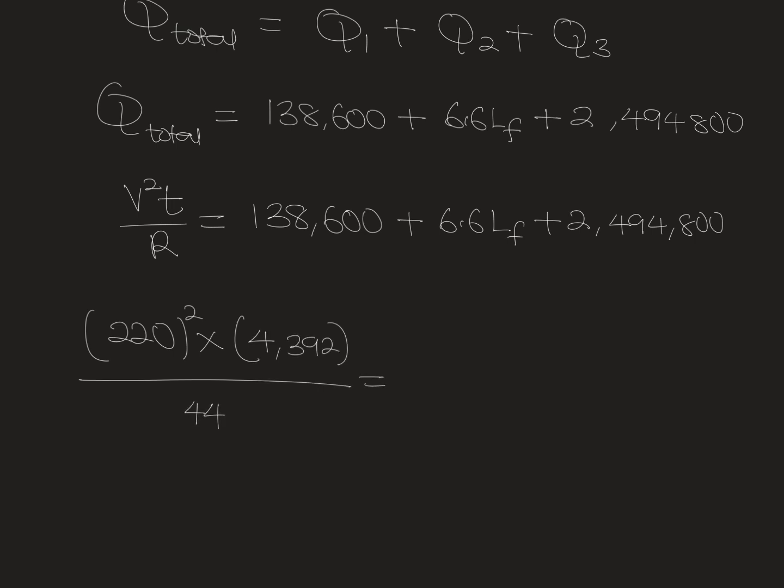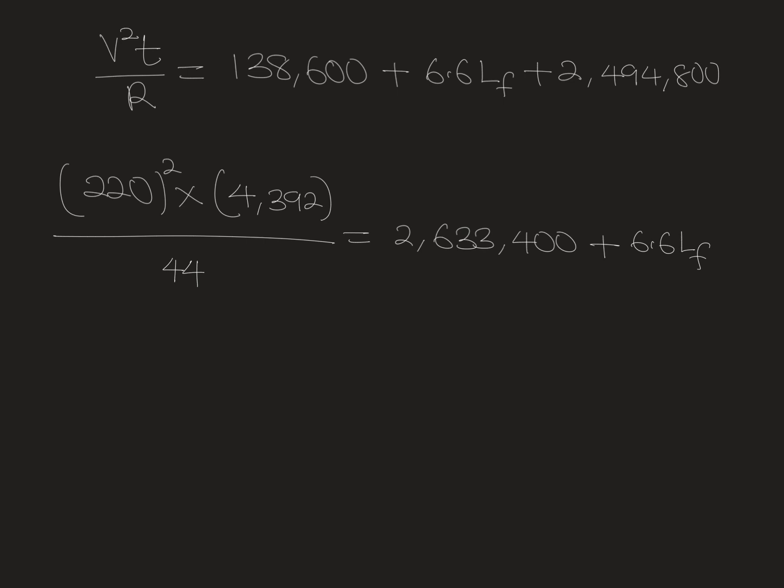So this is equal to, we can add up the 138,600 with the 2,494,800. 138,600 plus 2,494,800, that is 2,633,400 plus 6.6 LF.